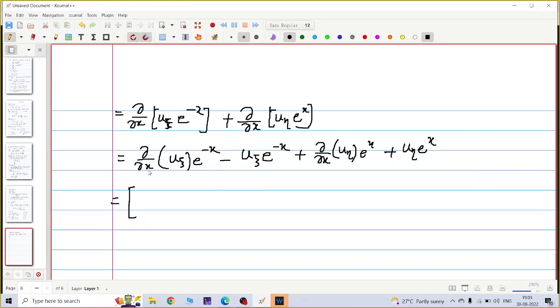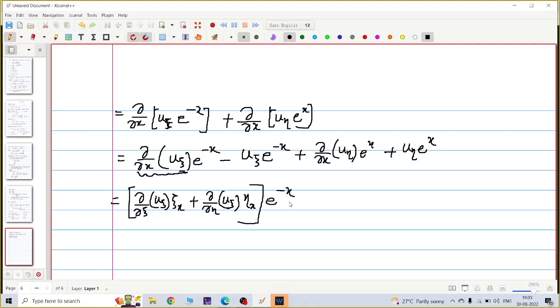So now I will calculate this term, del x of u_xi. u_xi is a function of xi and eta again, no? So this is del xi of u_xi into del xi del x, that I am writing as xi_x, plus del eta of u_xi into eta_x. You know this line is okay.